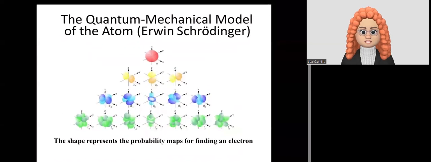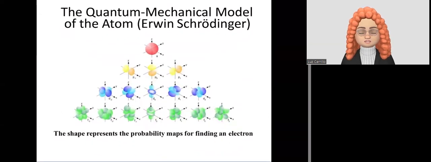So overall, I want to introduce you to the shapes of the different probability maps that were developed by Schrödinger.